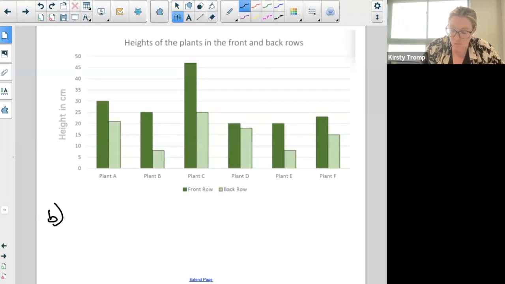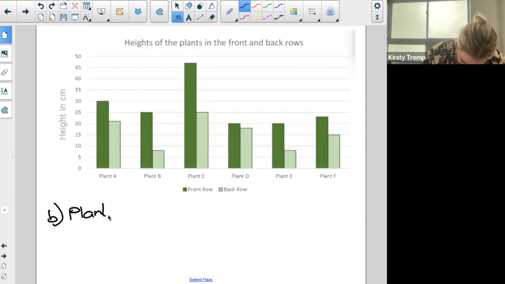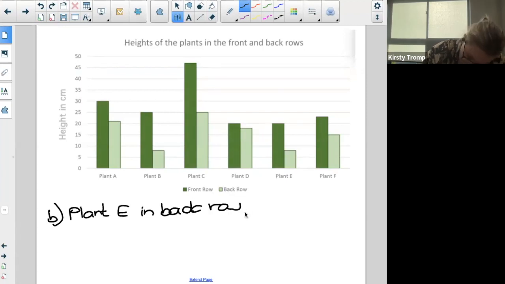Plant E, you are right, because it didn't grow at all. I would also say that, because it's teeny tiny. So it was definitely affected by the sun. So we could say plant E in the back row is the smallest.